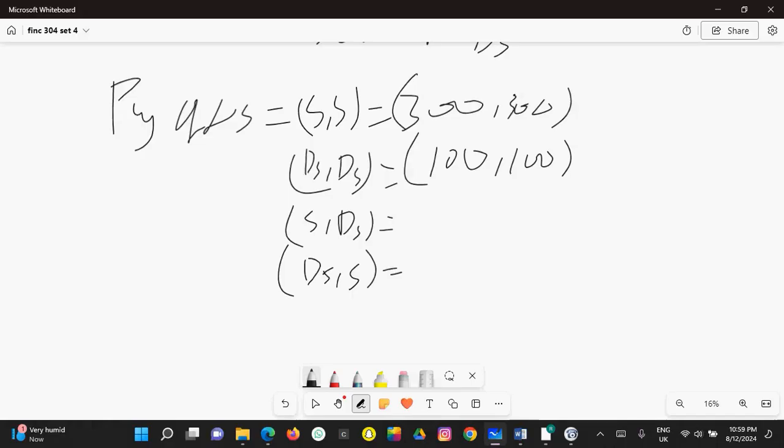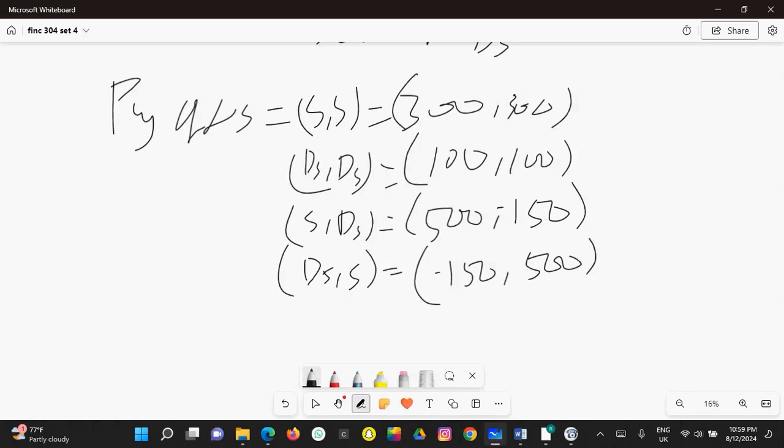And then if one does it and the other doesn't, the one who does it will get 500, and the one who doesn't will lose 150, negative 150. Now this one is negative 150, 500.